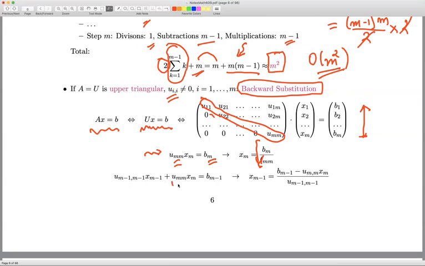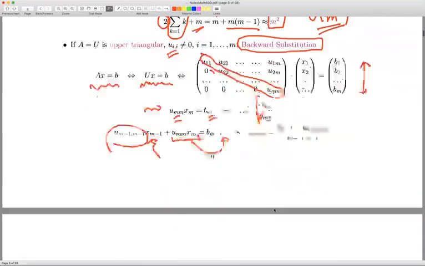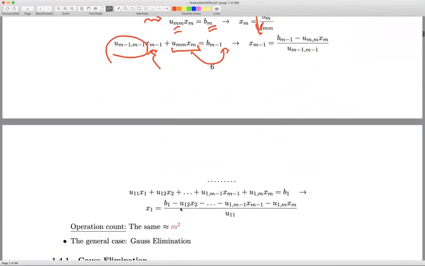By that moment, this will be known, and this will be the only unknown, and therefore the known part will move to the right and divide by this term, and we'll find an expression for xm minus 1. And so on, we make our way up to the last equation. At the very last equation, all these elements are known, because by the time we reach the first equation, all this will be known.